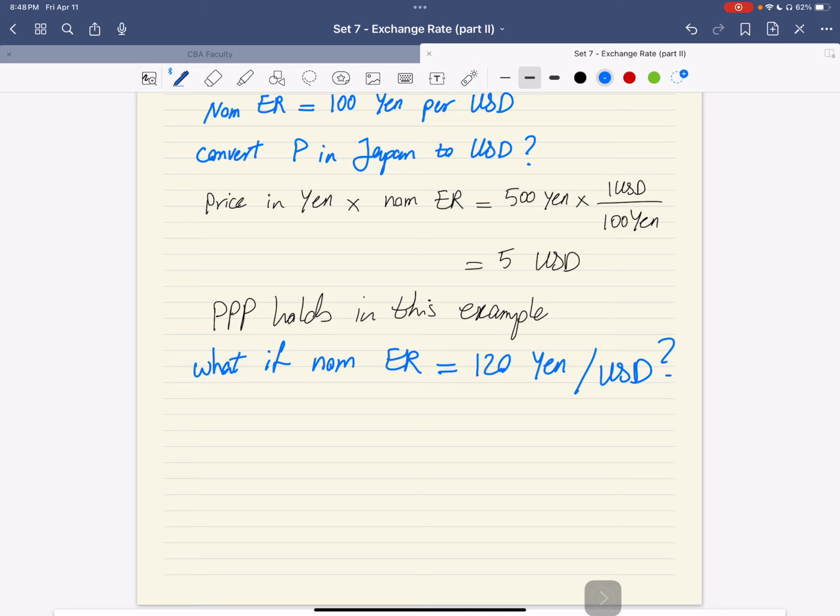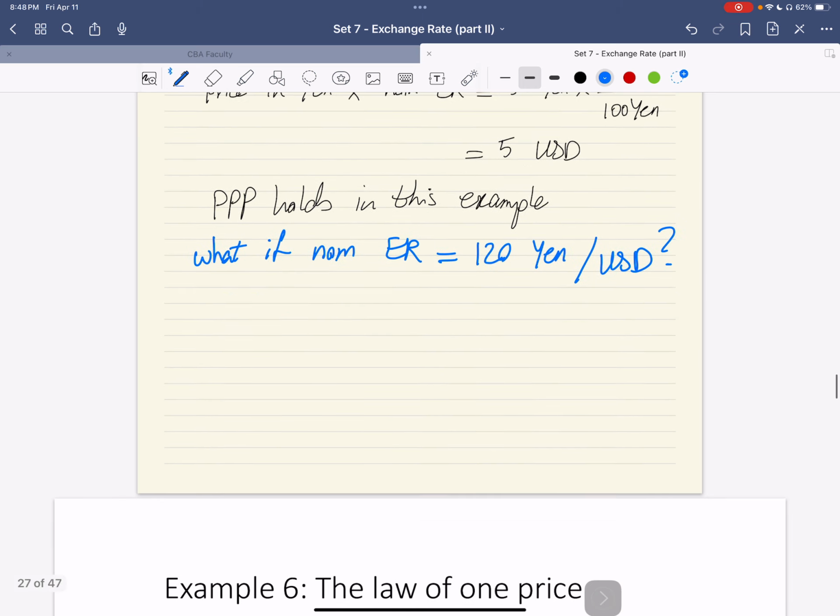All right, I assume that you paused and you solved it. So it will be 500 yen times 1 US dollar over 120 yen, which is equal to 4.17 US dollars.